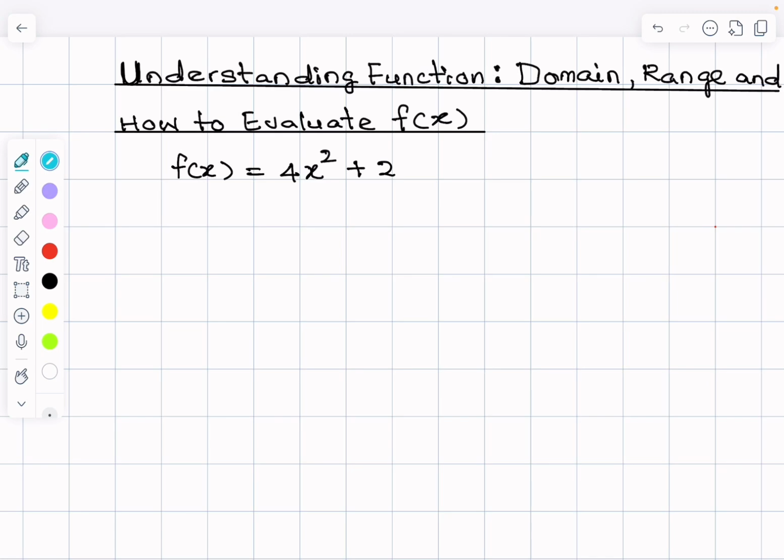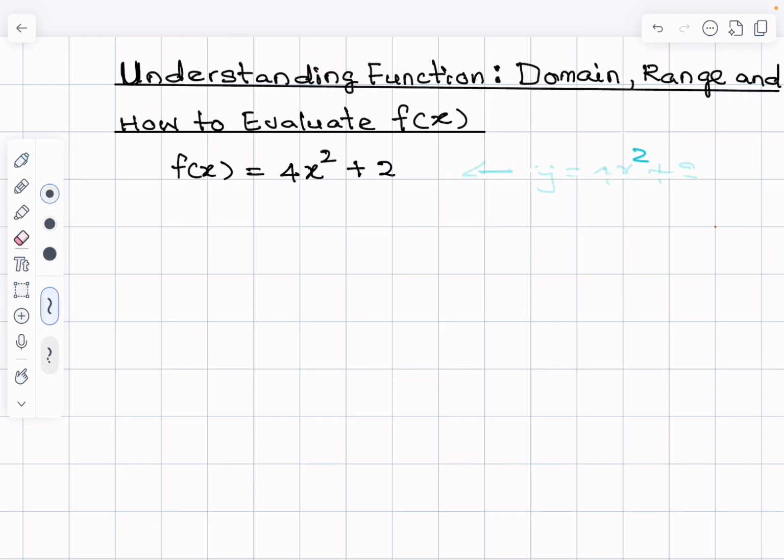Here f of x simply means the value of the function when x is whatever number you want to plug in, but more importantly, f of x is the same as y. So instead of writing y equals 4x squared plus 2, we write f of x equals 4x squared plus 2.